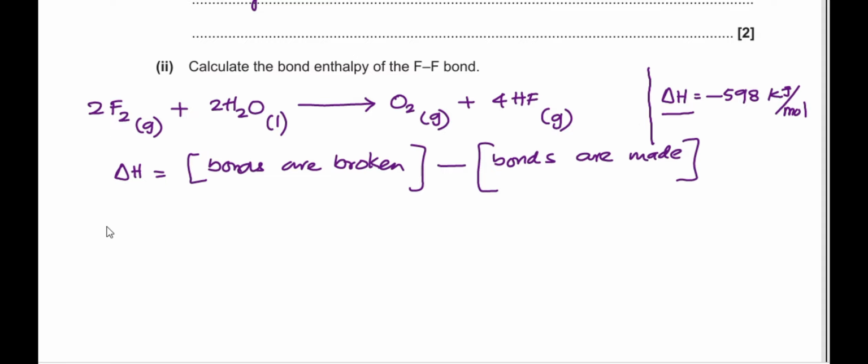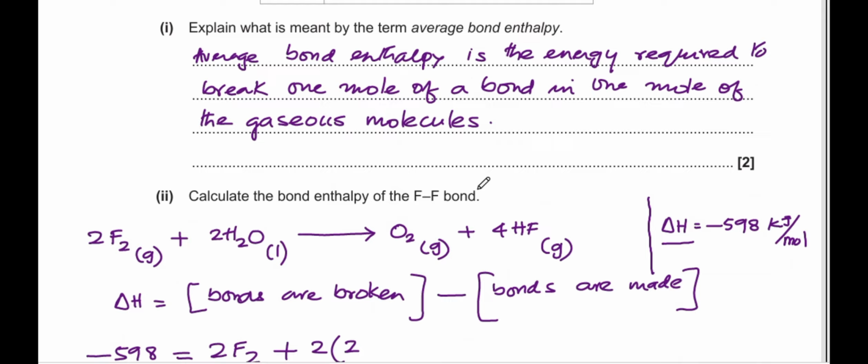So let's write minus 598 equals the energy taken in when the bonds are broken is 2F2, which is the mystery thing that we have to calculate, and then 2 times 2H2O. There are 2 OH bonds in every molecule of H2O. Therefore, it will be 2 times 2 times 1 OH bond, which is 464.